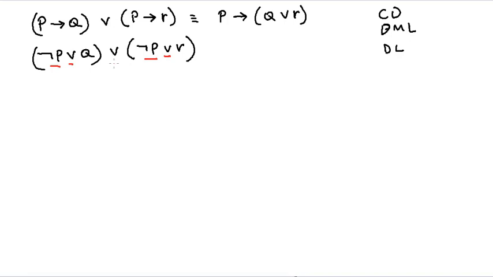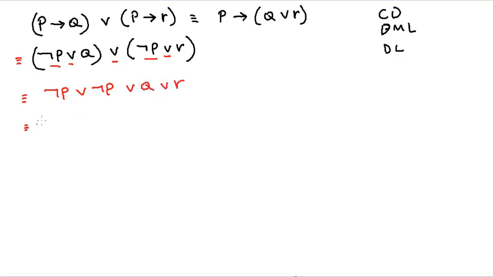But here everything is or, so remember I told you, if everything is just or, we can put everything together. We can remove the parenthesis because the operators are the same. So not P or not P or Q or R, right?